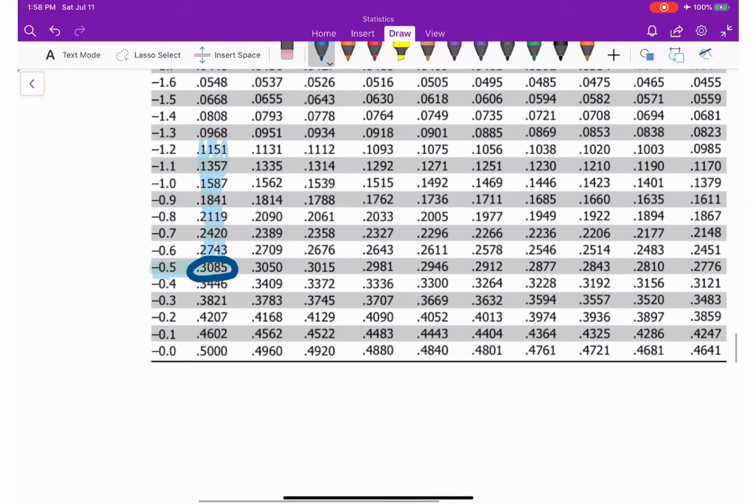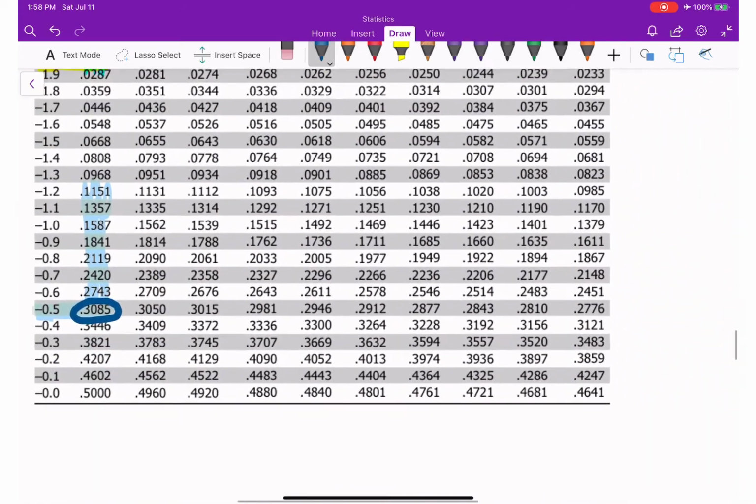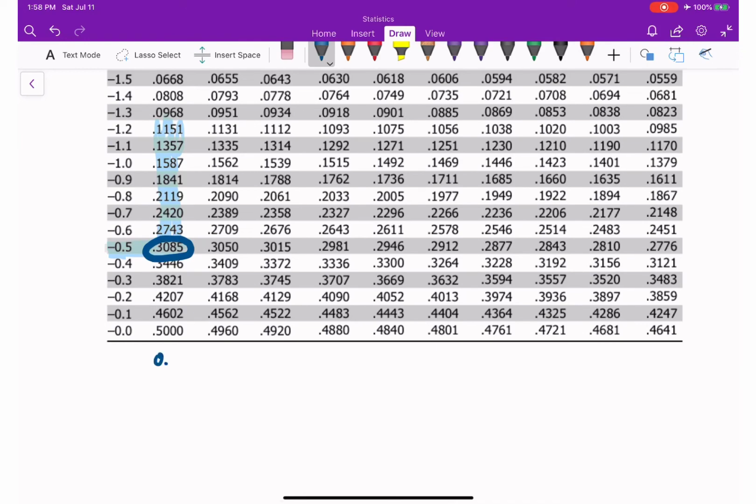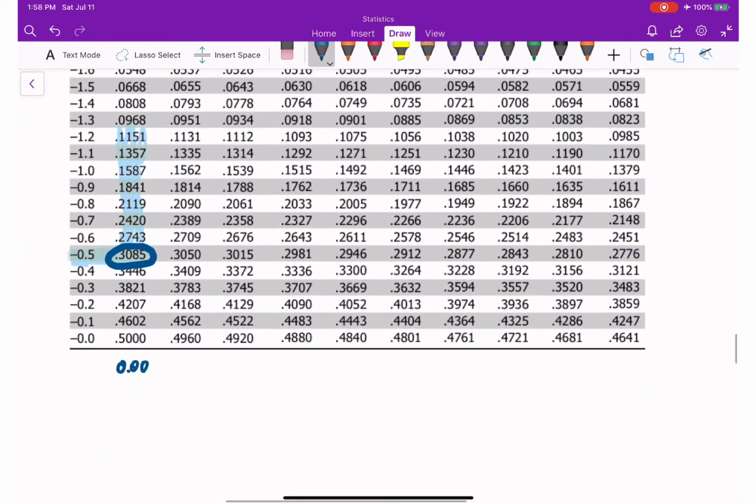Let me write down, it's going to be 0.00, 0.01, 0.02, 0.03, 0.04.